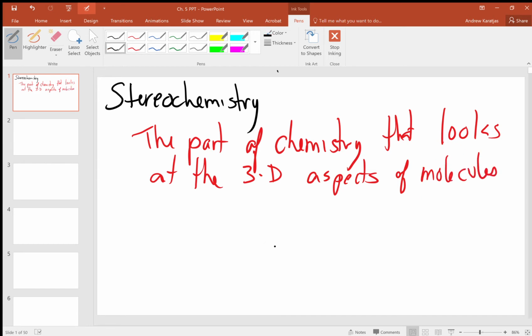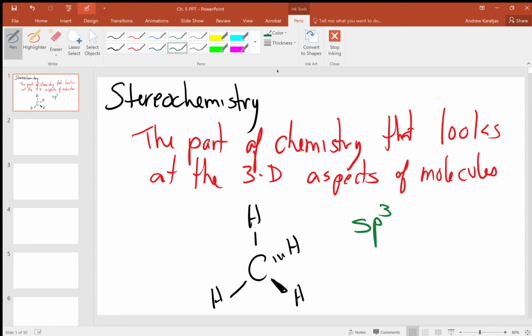A lot of this stems from the fact that carbon itself, as we learned in general chemistry, and specifically we're going to be almost always dealing with sp3 carbons here, because all sp3 carbons have tetrahedral geometry and bond angles of 109.5 degrees.